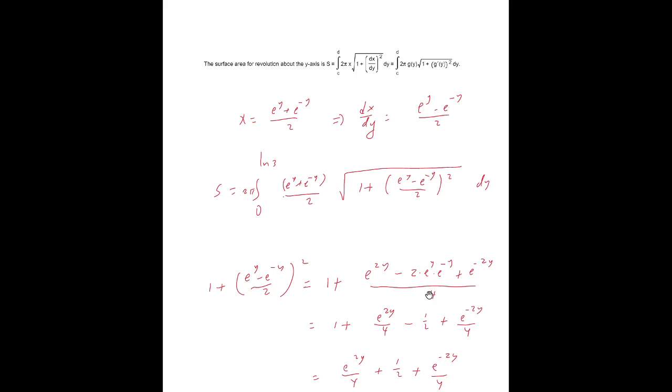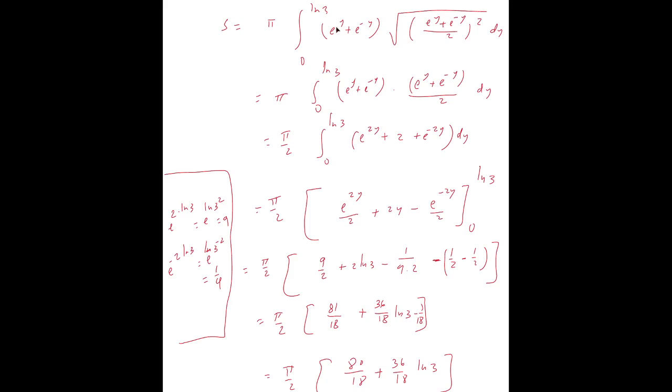The square of the 2 is 4. So when you simplify this, it will give you negative 2 only. And when you divide by 4, the whole expression would be e to the power 2y over 4, minus, this will be 1, and 2 over 4 is negative 1 half, plus e to the power negative 2y over 4. 1 minus negative 1 half is positive 1 half.